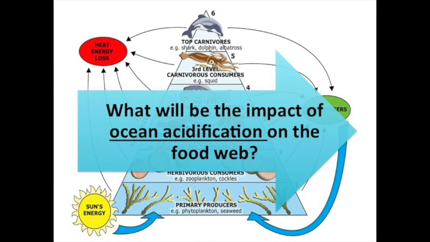So, the impact of ocean acidification on the food web is potentially damaging. Ultimately, ocean acidification is a significant area of inquiry, as research indicates that ocean acidification powerfully influences biological change in our marine ecosystems.